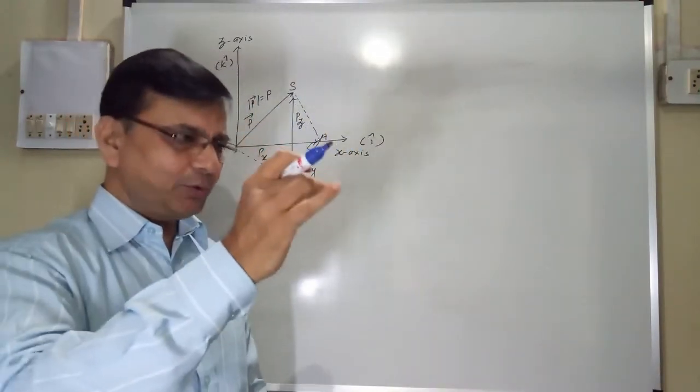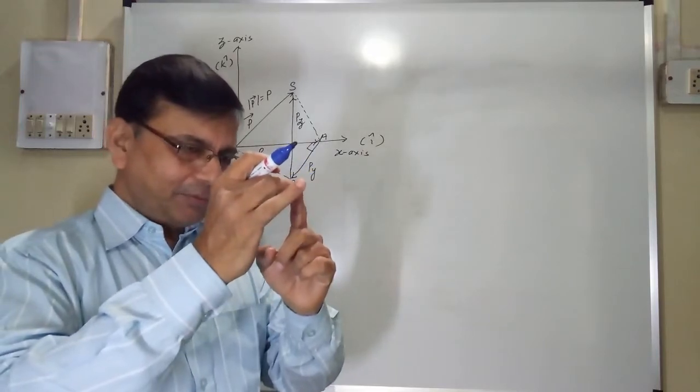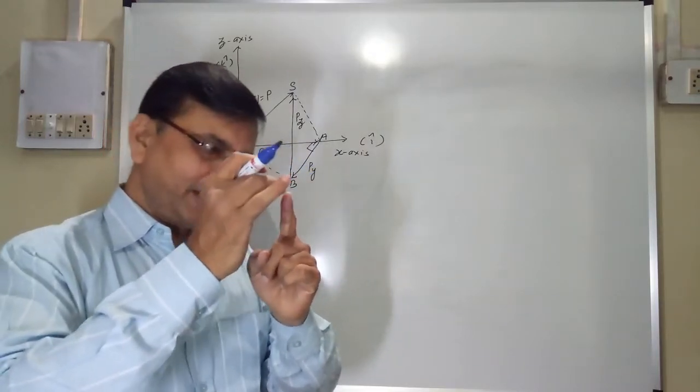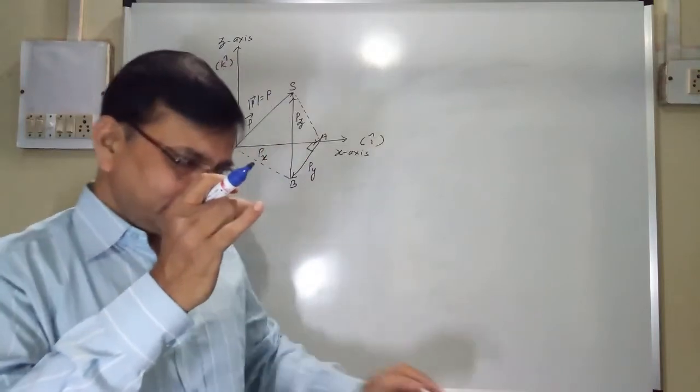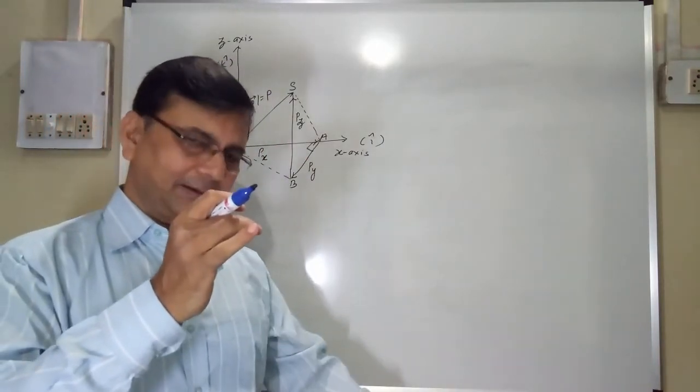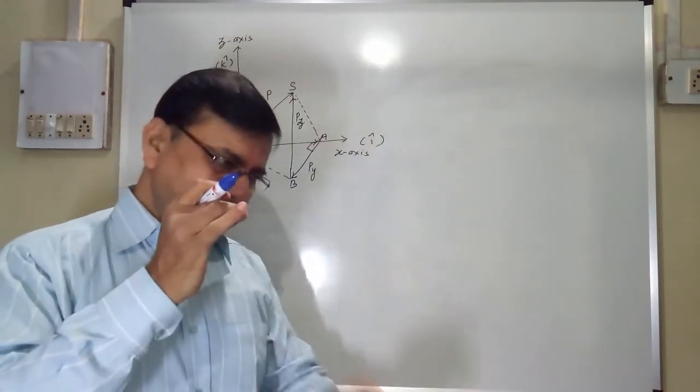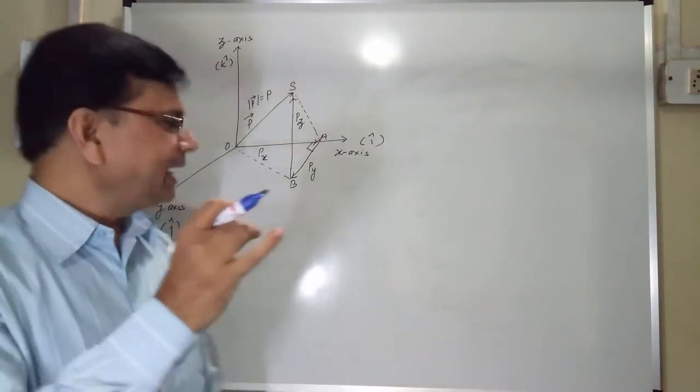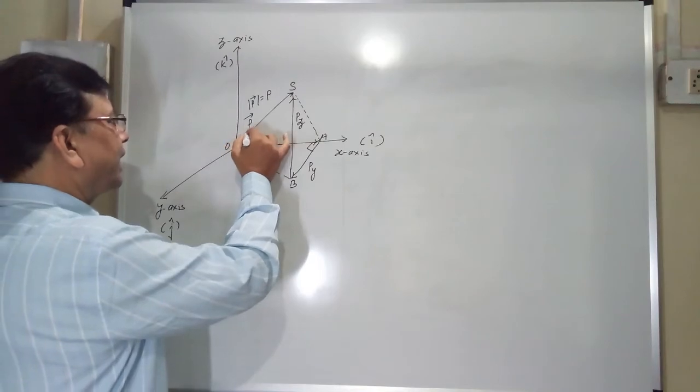It's very important, try to understand. When I drop the perpendicular on the x-axis, the position vector makes some angle with the x-axis. Let this angle be alpha.